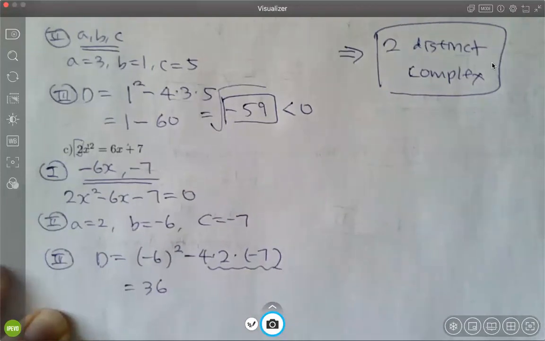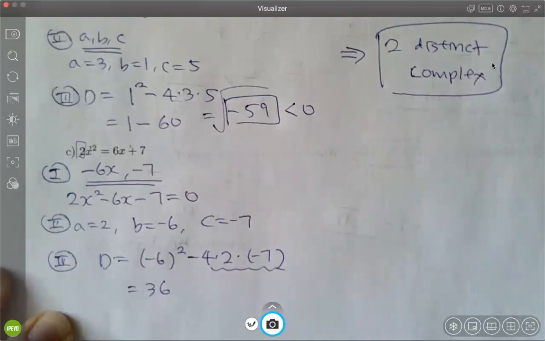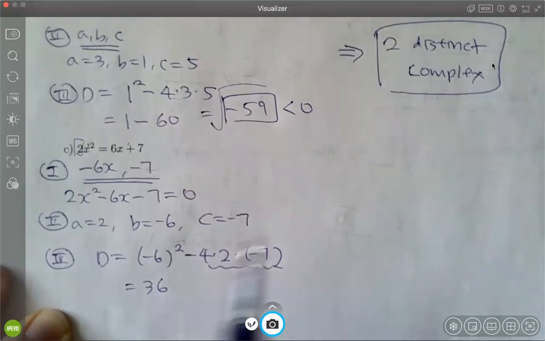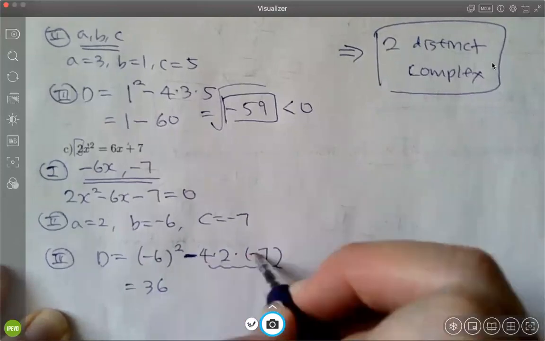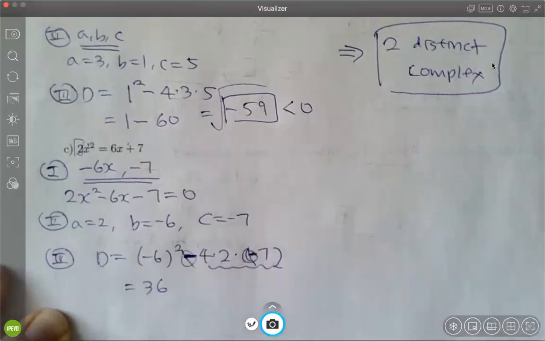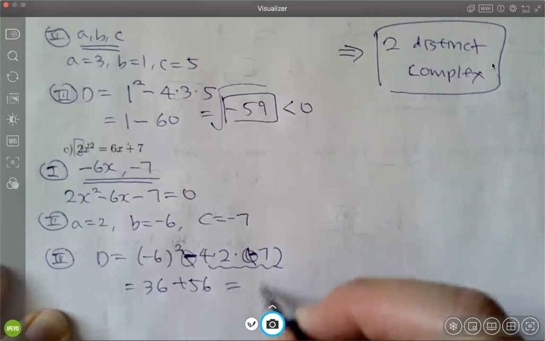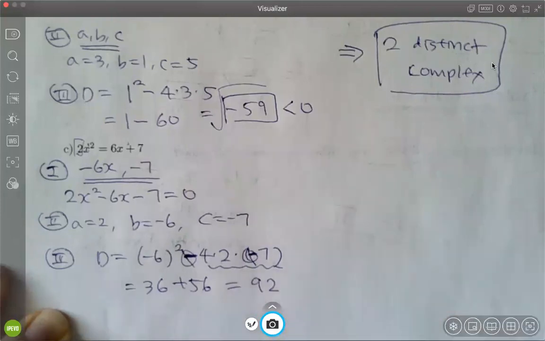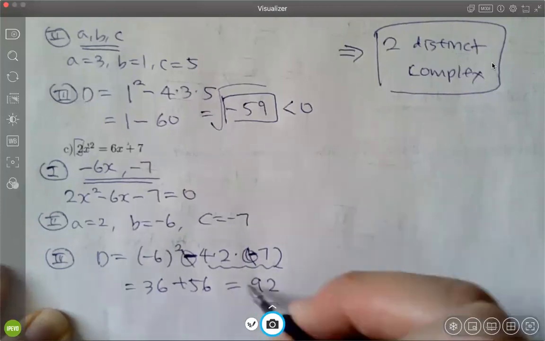Is it plus and minus? There's no plus minus. There has to be one sign. There's no plus minus here because that's not the quadratic formula. It's plus. Do you see why? It's minus and then negative, so they become plus, right? So it's plus 56. Okay, so what is this? 92? Yes, sir. Okay, so that's the discriminant.